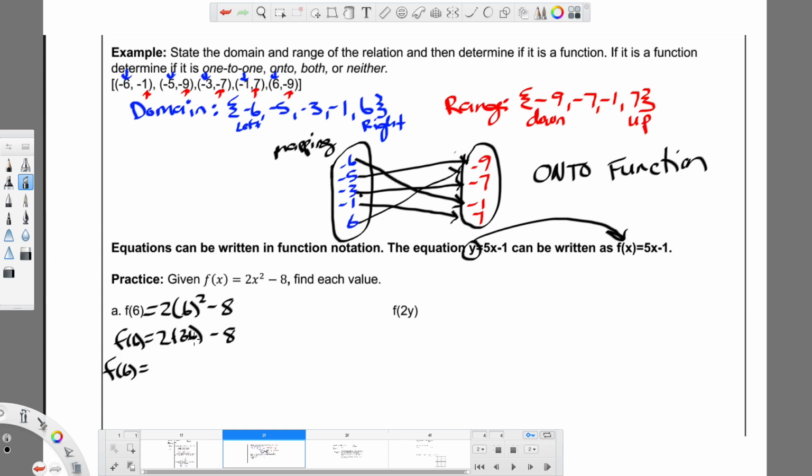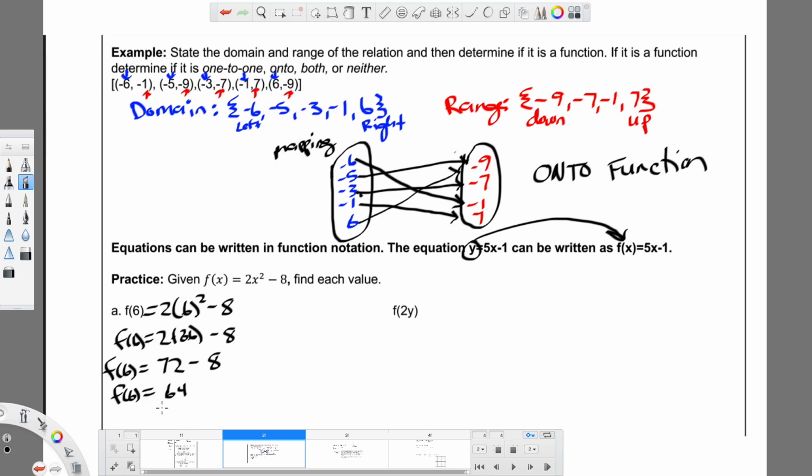So 36 times 2 is 72 minus 8. F of 6 equals, so 72 minus 8, we'd have, let's see, 64, I believe. So we get 64.